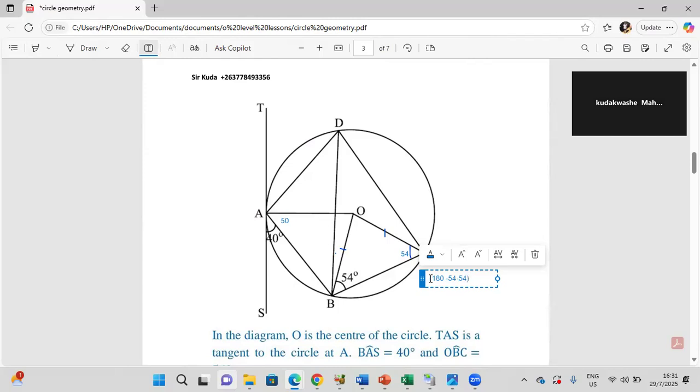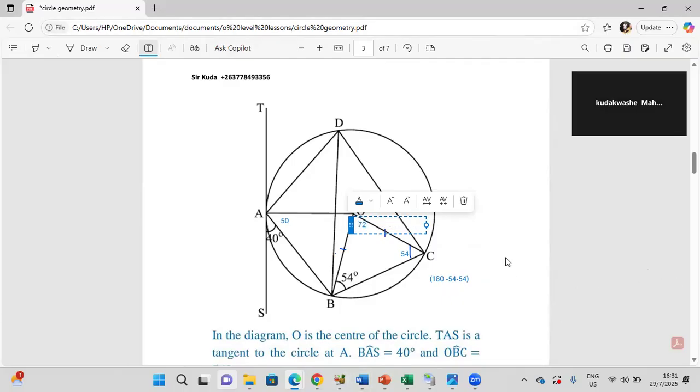So all the angles should add up to 180. If you say 180 minus the 54 minus the other 54, it will give you the angle here. So just quickly work that. That would be 72. So the angle here is 72.